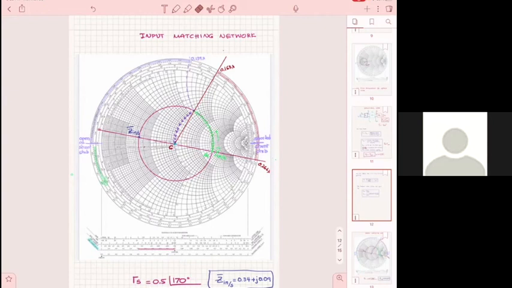The reason for that is that there are multiple solutions to one matching problem. All of them will be correct electrically. They will give you the same matching. The difference is that some may give you longer lengths than others.